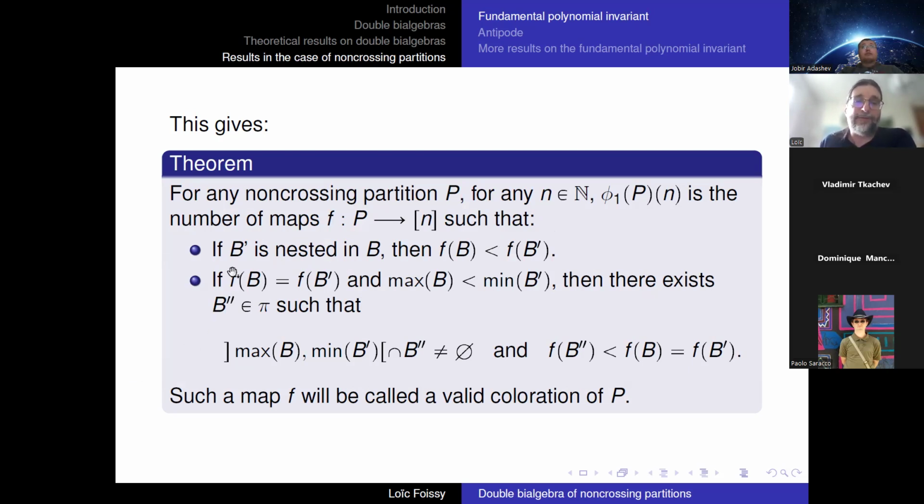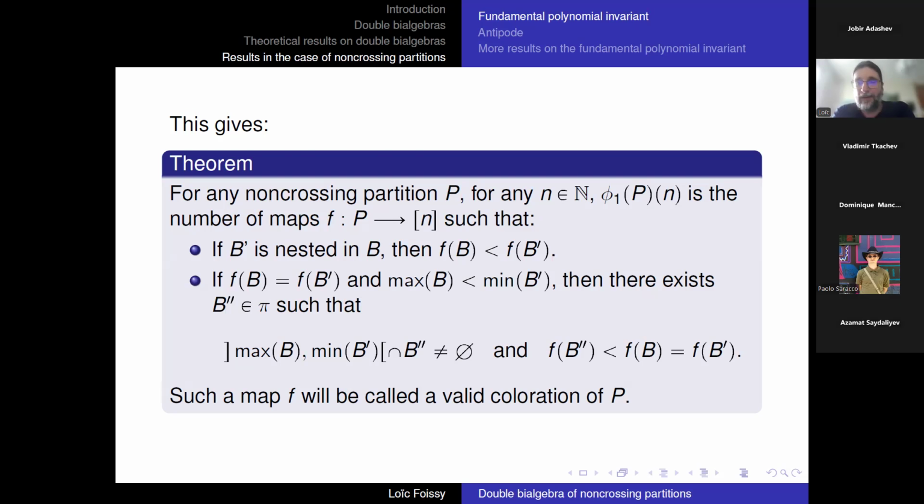If you have two blocks with the same color, f(B) is equal to f(B prime), then you know that they cannot be nested because of this. So one is on the left and the other is on the right. So this condition means that B is on the left and B prime is more on the right in the graph of the non-crossing partition.